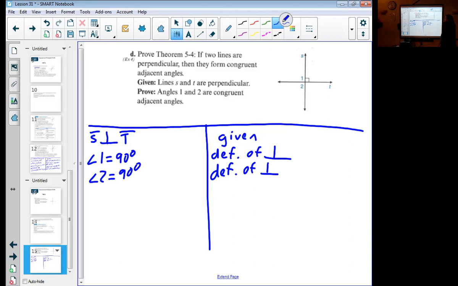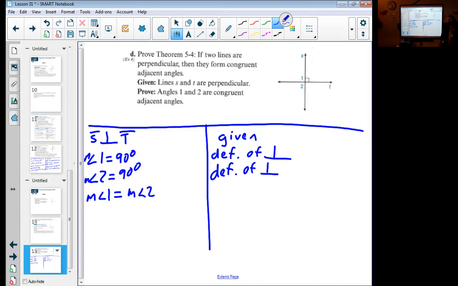We clearly see that they are adjacent angles. So we now know that the measure of angle 1 is equal to the measure of angle 2.